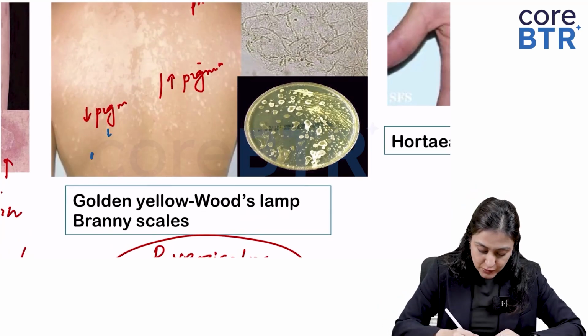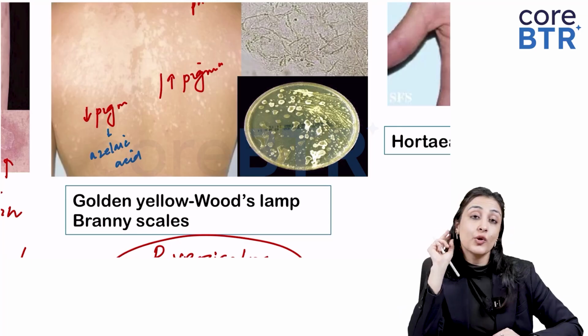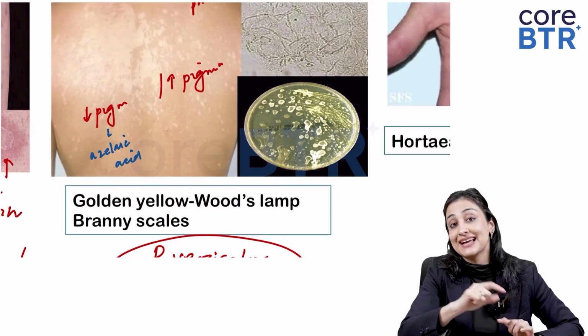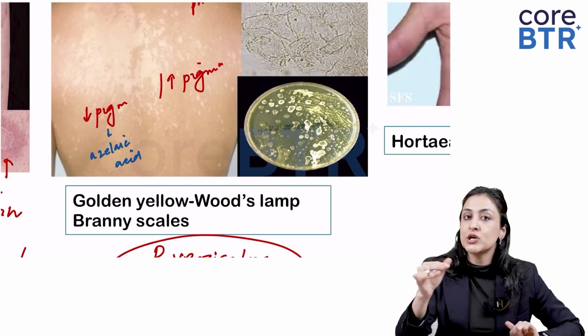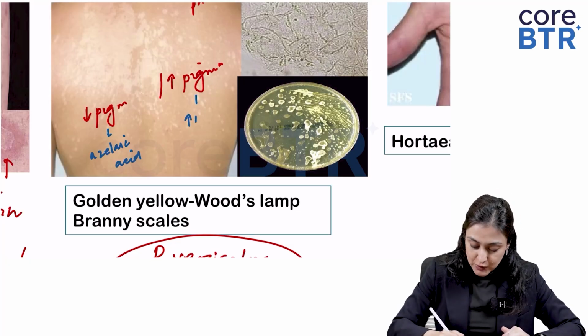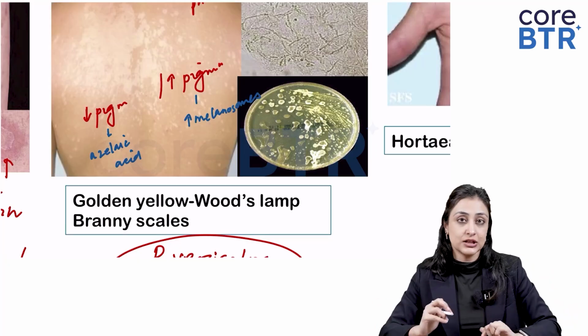Hypopigmentation happens because the fungus that causes this makes azelaic acid. It's also something you would have seen in skin ointments, right? For acne scars, if you want to remove the scars, you can try azelaic acid ointment. So this is what decreases the pigmentation. Whereas hyperpigmentation is because of more melanosomes in certain areas. So that is why versicolor, multicolor, right?